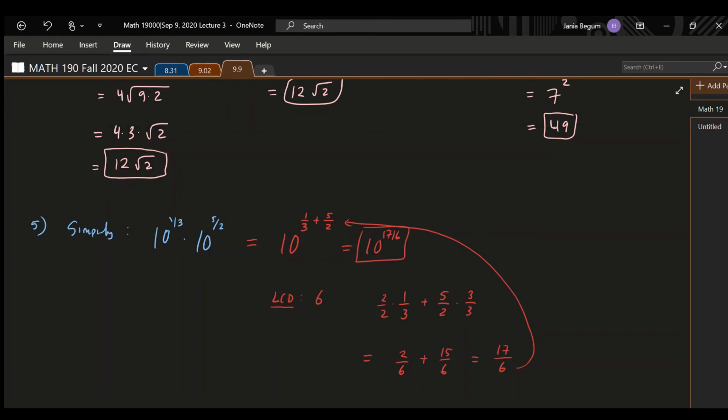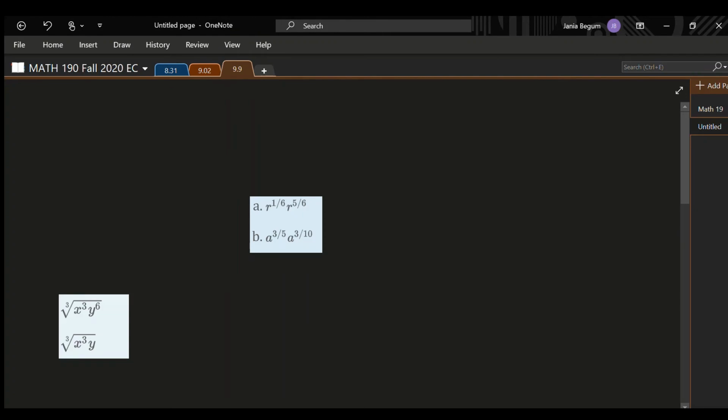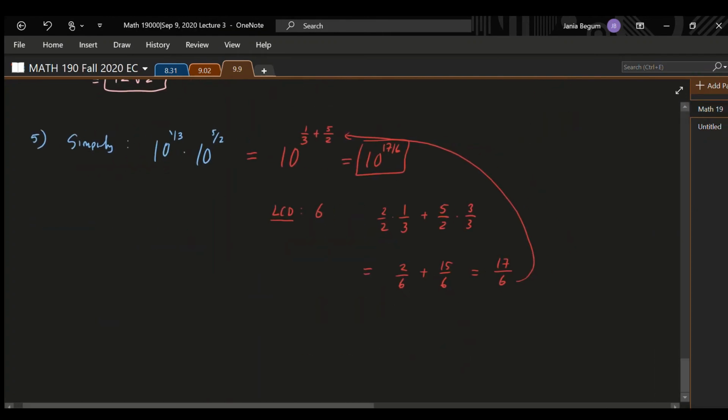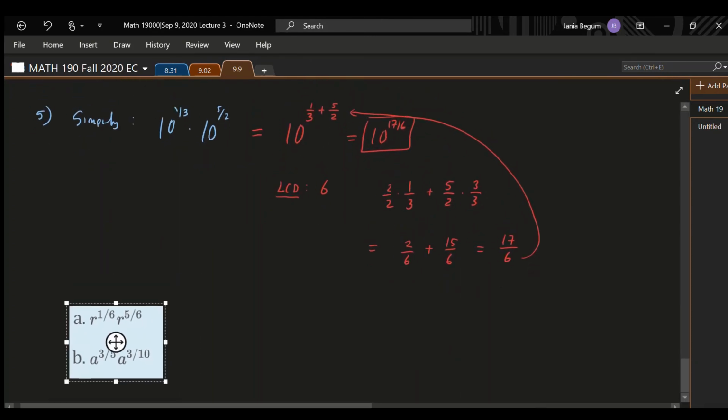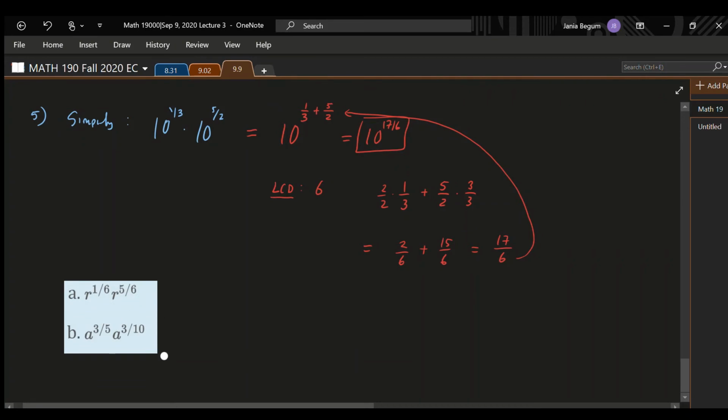Okay, I think I have a couple. Okay, right. So this is also similar to what we just did. So try these two out, and then again we'll go over it together. So this is number 6.